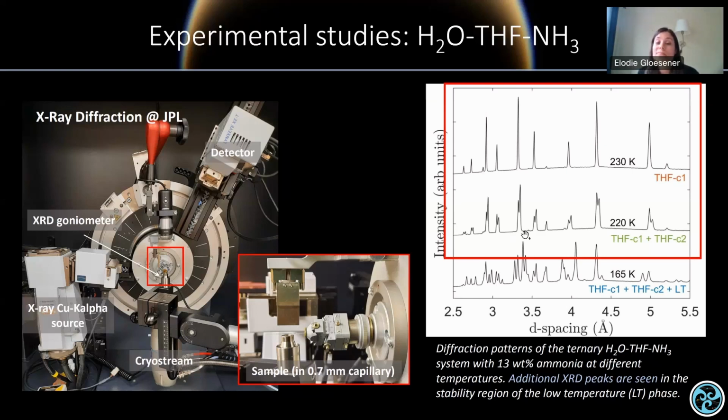They appear as additional peaks at slightly higher d-spacing compared to the peaks of THFC1, which suggests that this THF clathrate also follows a structure 2.